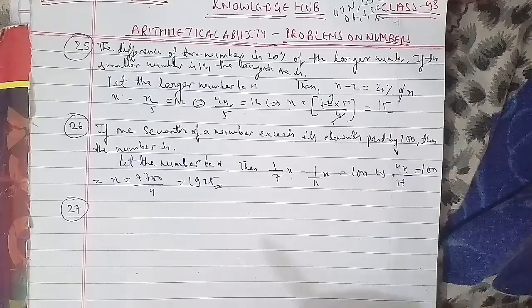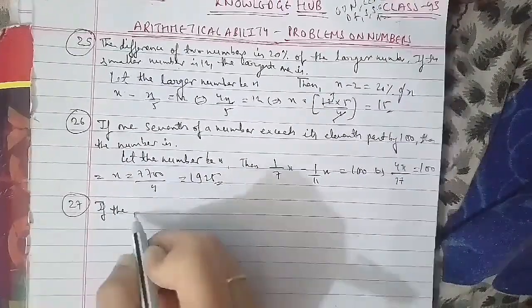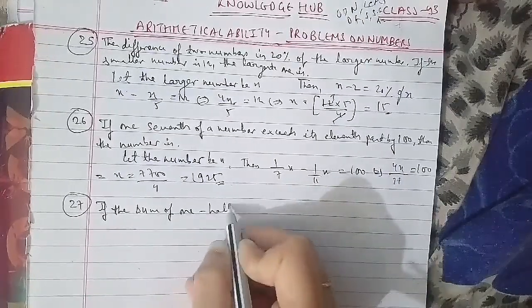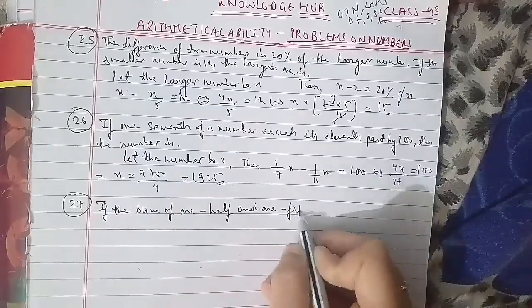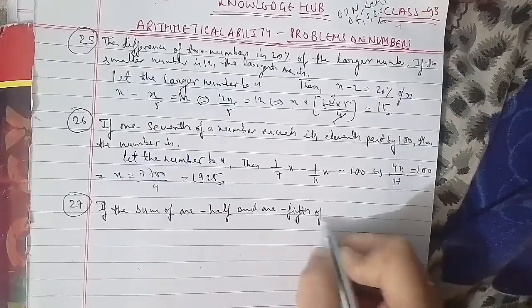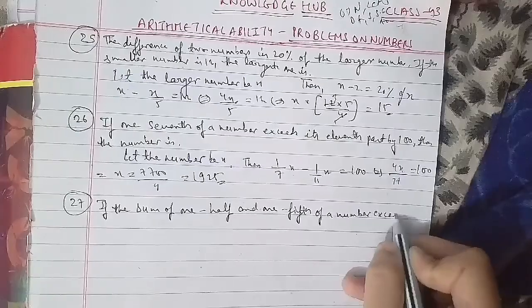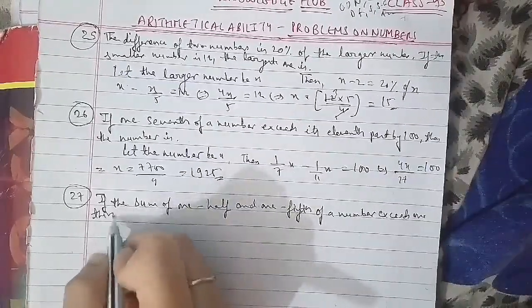If the sum of 1/2 and 1/5 of a number exceeds 1/3 of that number by 7 1/3, the number is?